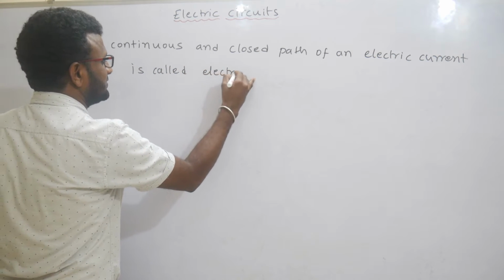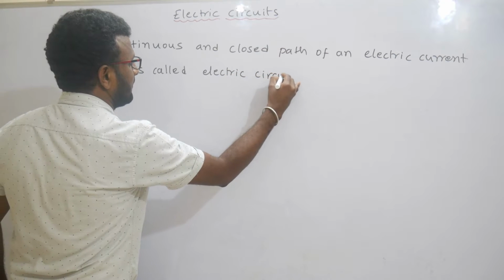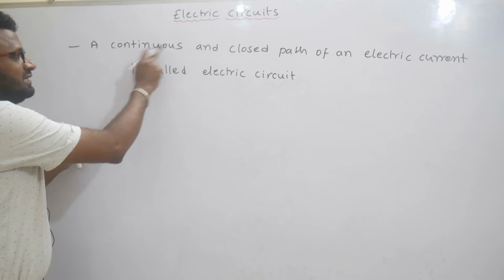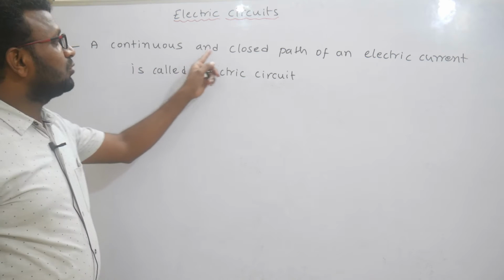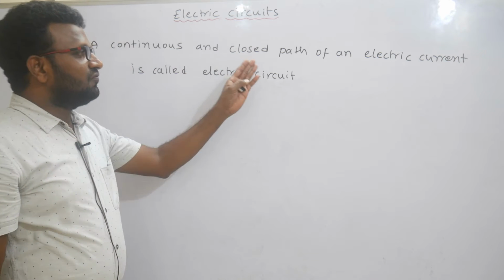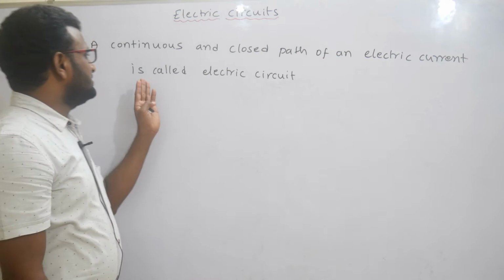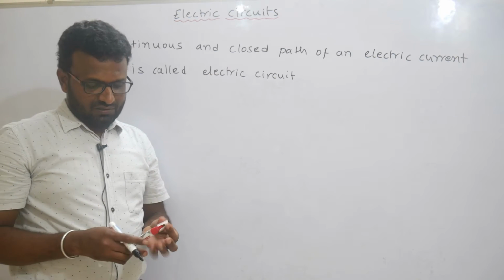A continuous and closed path of an electric current is called electric circuit.